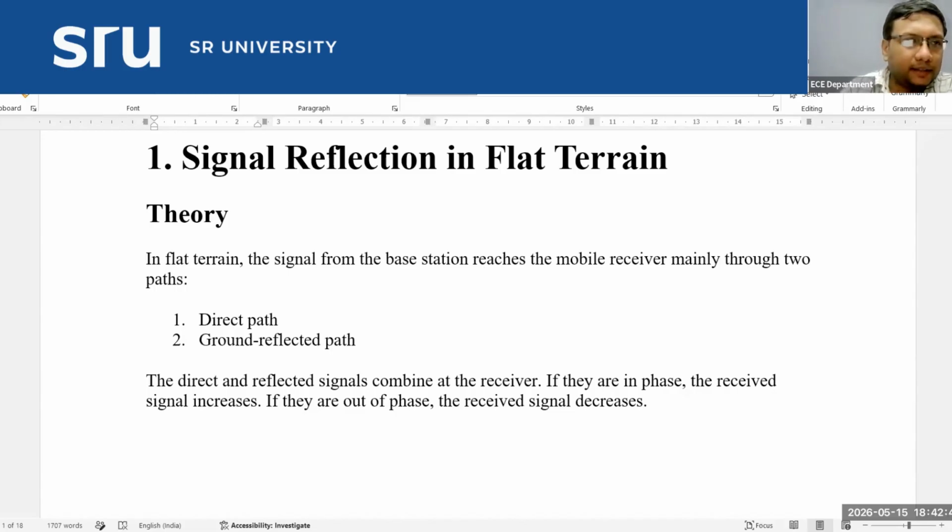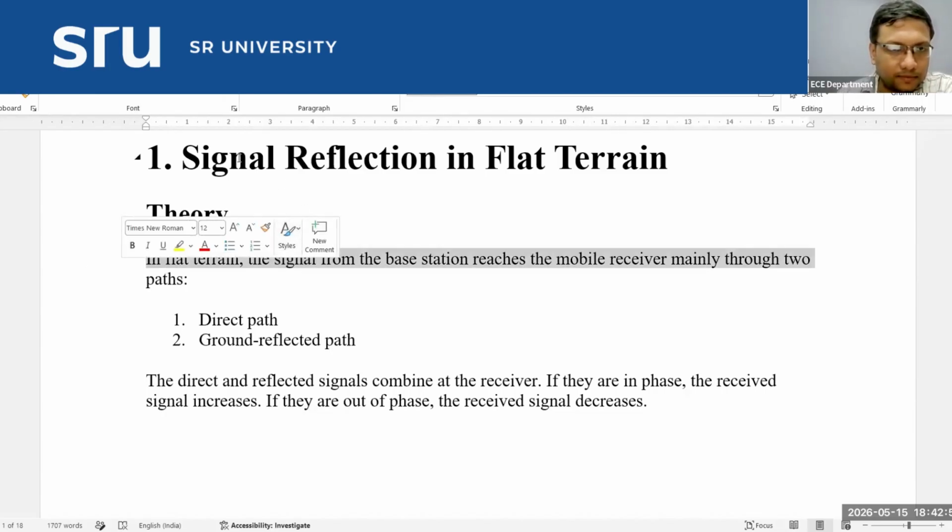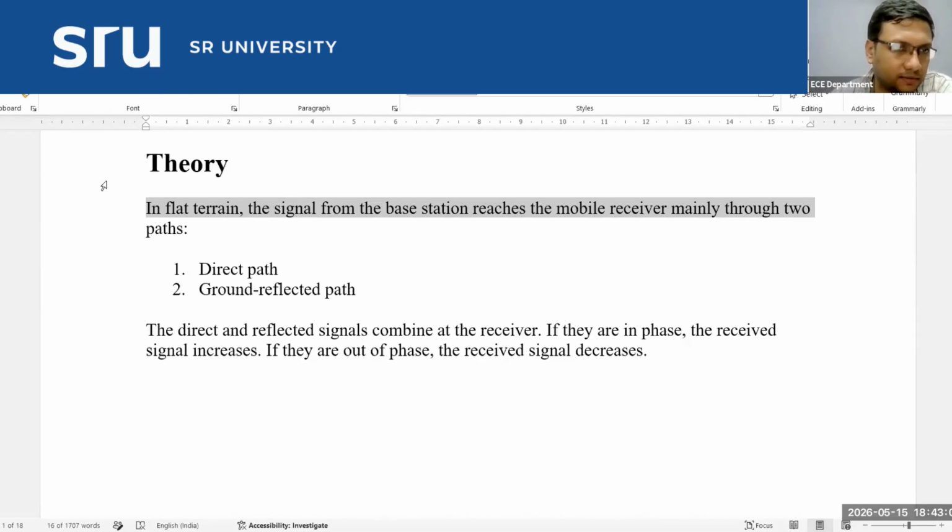Now, if I look at the diagram for this, you can look at this diagram.